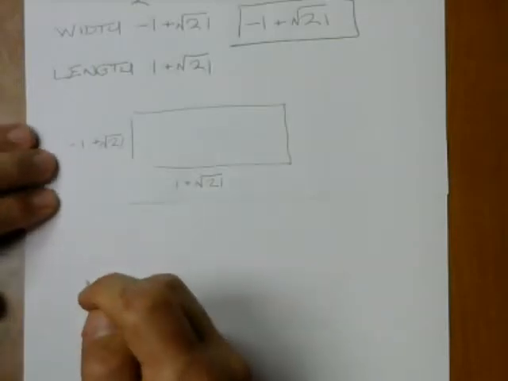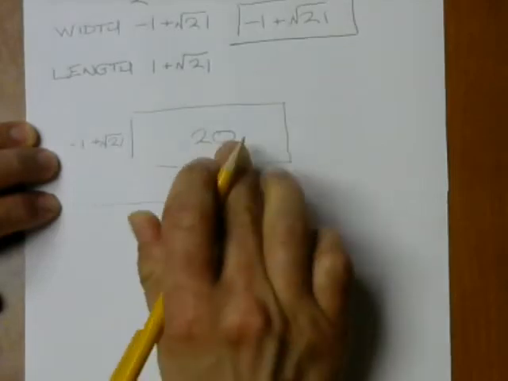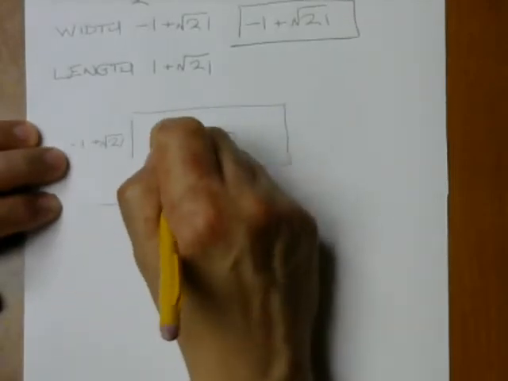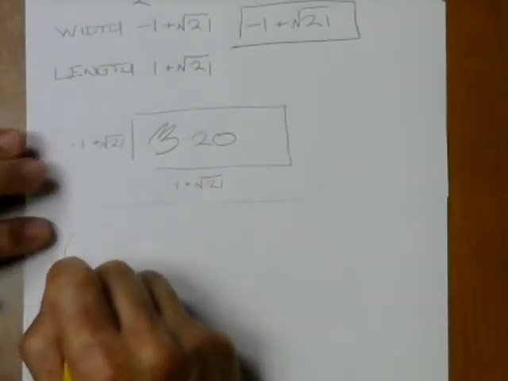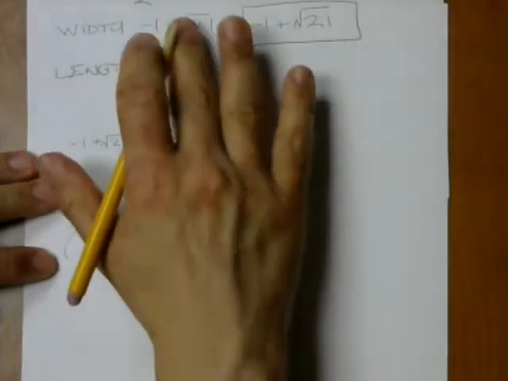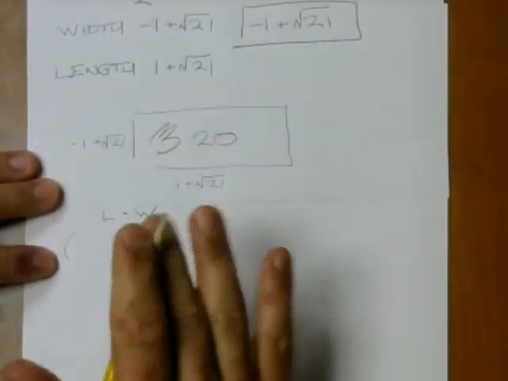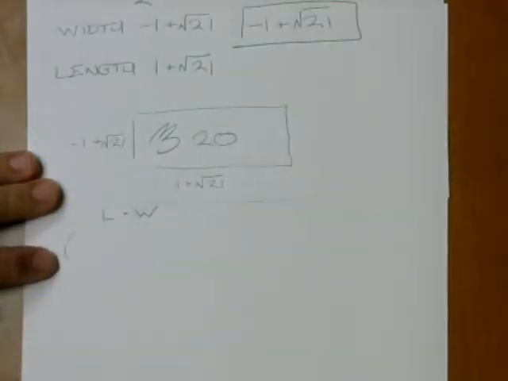Let's see. Am I actually going to get an area of 20? Because we said we needed an area of 20 for that bunny. So, let's multiply. L times W. By the way, we're checking our answer now. This is the answer. I want to check it. I want to see if my length times my width actually gives me 20.